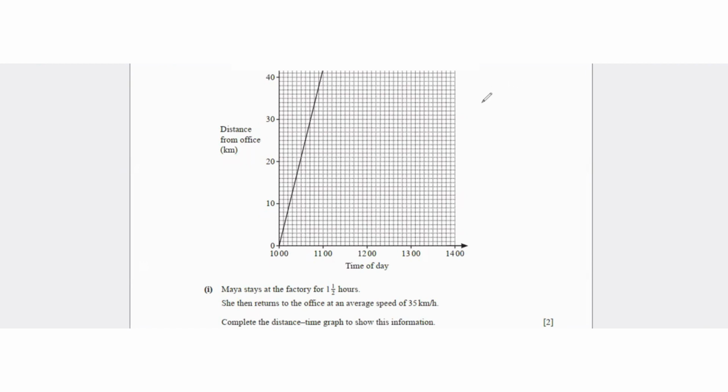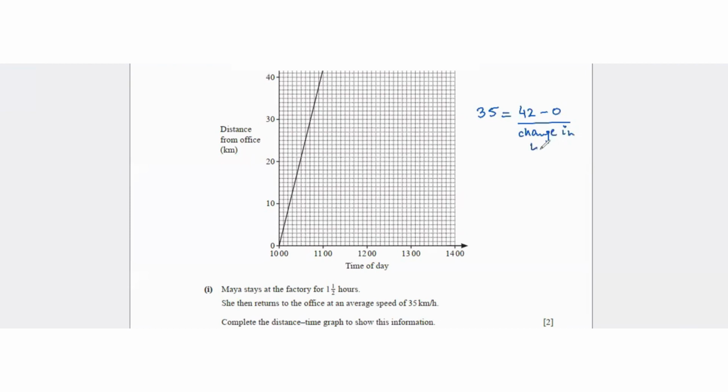So speed is going to be your slope of this distance time graph. So 35 equals change in distance, which means from 42 at office, it's going to be 0. So minus 0 over the change in time.